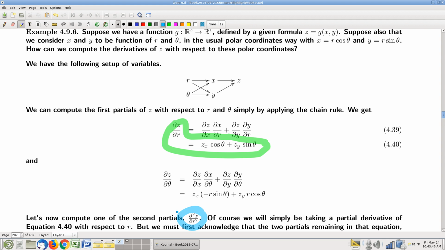I just need to take an r partial of this. Let's momentarily think about this process. How would I take an r partial of this thing that I have before me? Sine theta, cosine theta, I know what those are, right? Zx, partial of z. How would I take a partial of zx with respect to r?